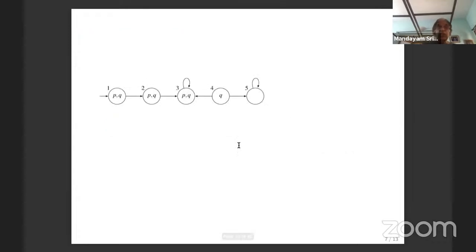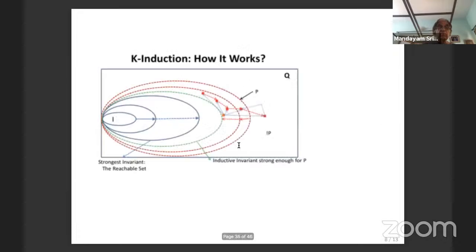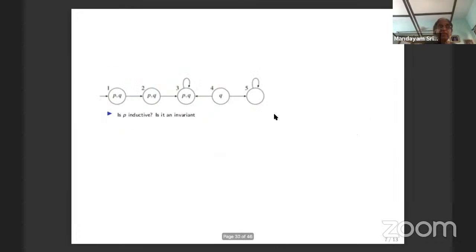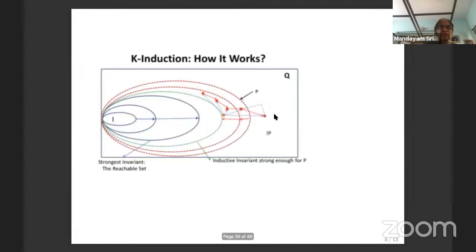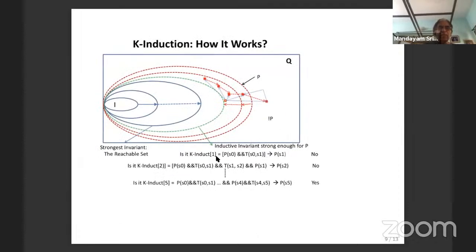To see this, look at what is happening when this inductiveness check runs. This is P, just for comparison, and in blue I have the forward thing. What K induction does, in addition to the traditional bounded model checking, is that at each step, for K equal to 1, it is also doing the inductiveness check, which asks: is it one-inductive?